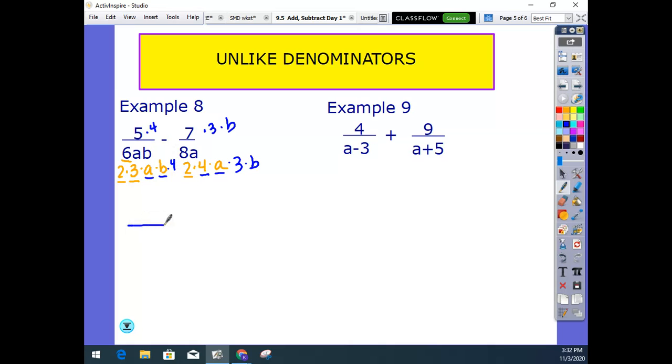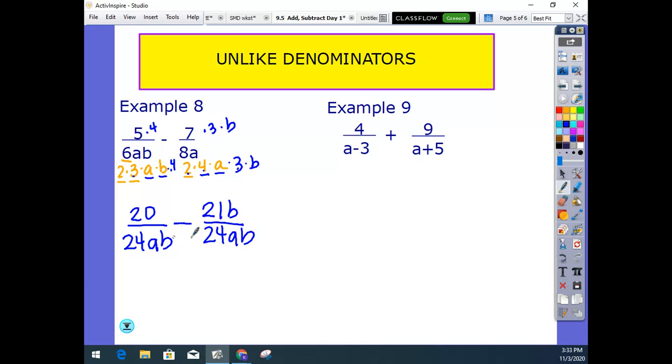All right, my numerator, 5 times 4 is 20. 2 times 3 times 4 is 24AB. Minus 7 times 3 times B is 21B. 2 times 4 times 3, 24AB.